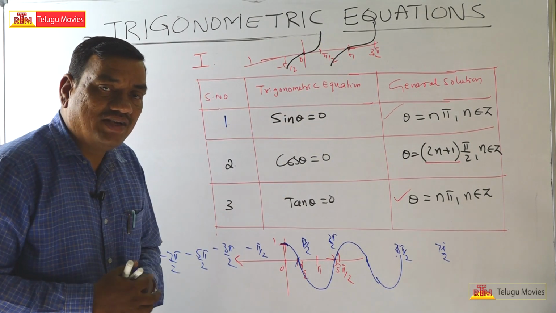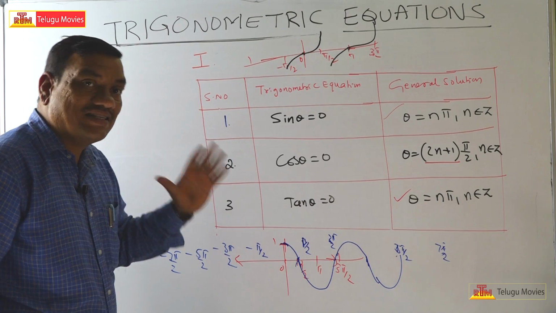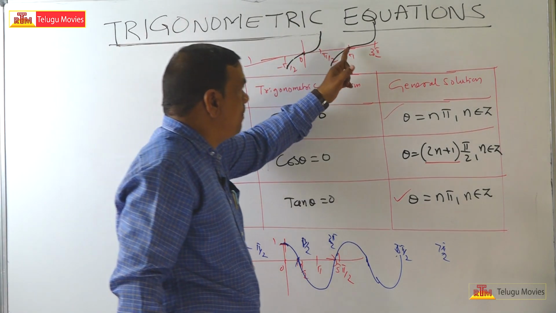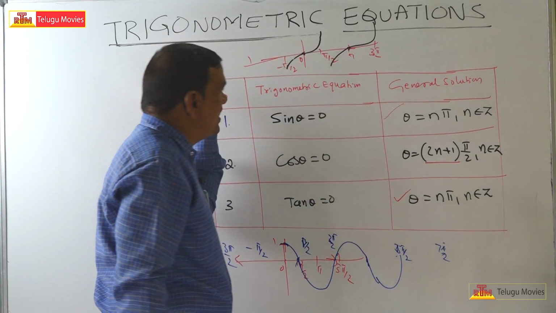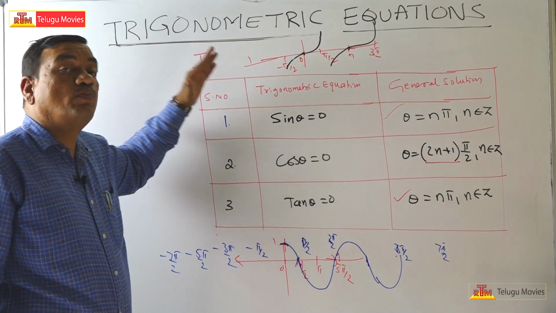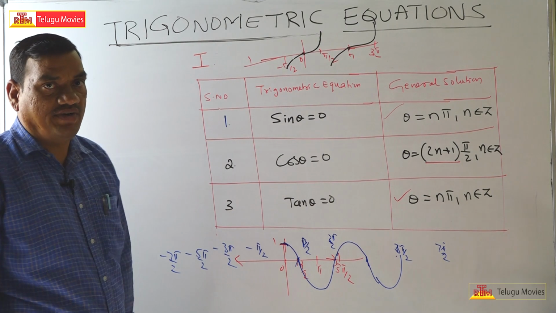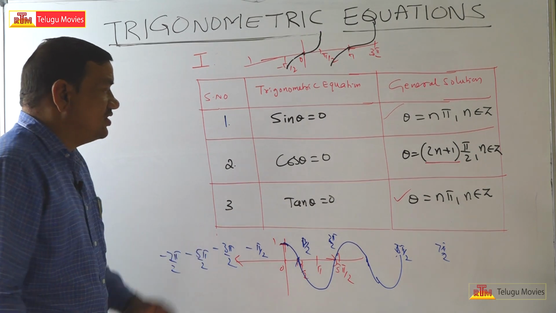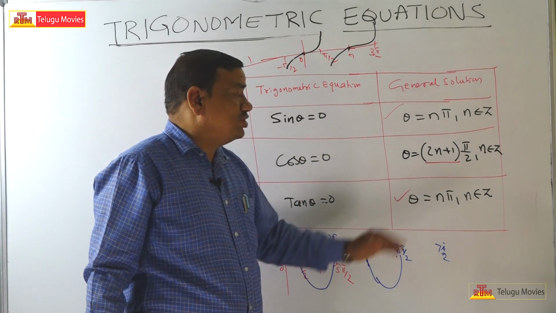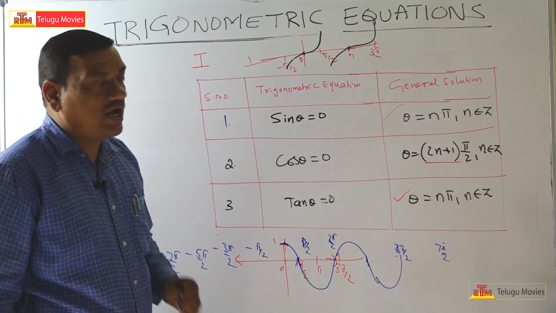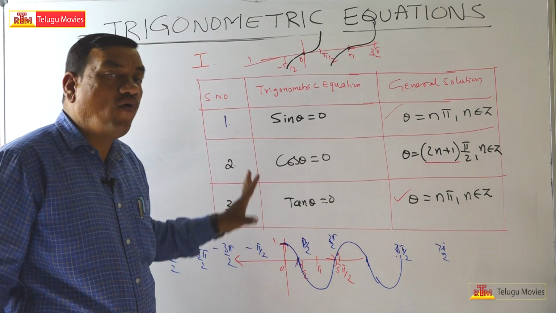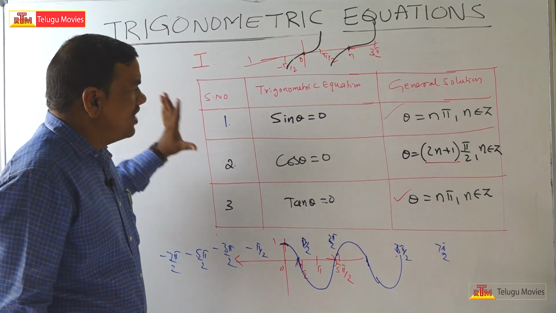The graph of y is equal to tan x intersects the x-axis at 0, pi, 2 pi, 3 pi, and so on. From the left-hand side, minus pi, minus 2 pi, minus 3 pi, and so on to infinity. Okay. So these are the cases: tan theta is equal to 0, theta is equal to n pi, where n belongs to Z. This is the first set of formulas everybody should know.